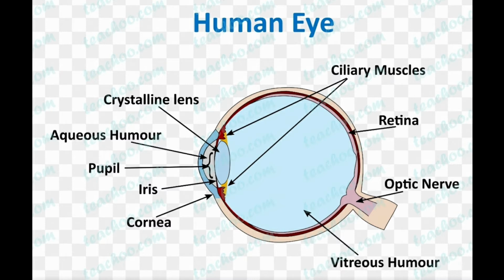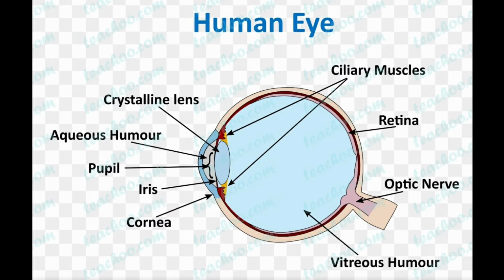Light rays coming from the object to be seen enter the eye through the cornea and fall on the eye lens through the pupil of the eye. As the eye lens is a double convex lens, it forms a real, inverted, and smaller image of the object on the retina.